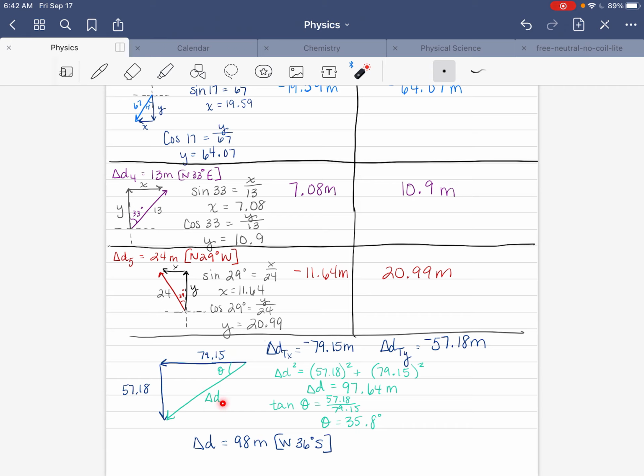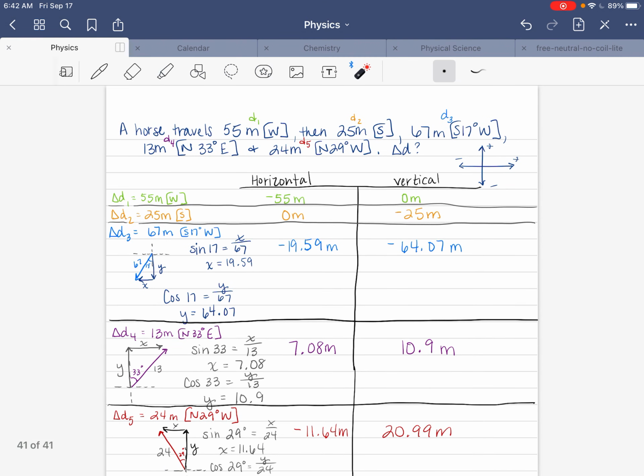To find my magnitude of displacement, I'm going to use the Pythagorean theorem. So I did c squared equals a squared plus b squared to find the displacement to be this. And then to find my direction and this angle theta, I did tangent of theta is equal to opposite over adjacent, and then I took the inverse tangent to get 35.8 degrees.